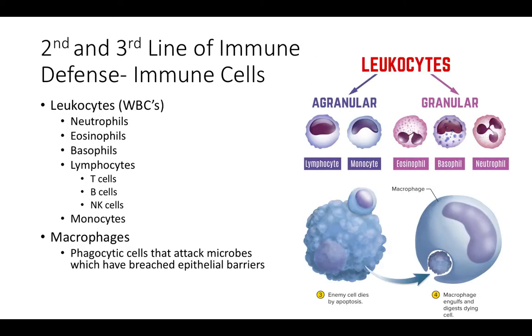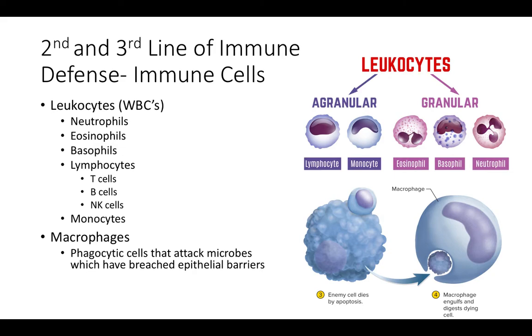The second and third line of immune defense consists of a lot of things, but our immune cells are part of that. So the leukocytes, or our white blood cells, are neutrophils, eosinophils, basophils, lymphocytes, and monocytes. So hopefully you remember that from when we talked about white blood cells.